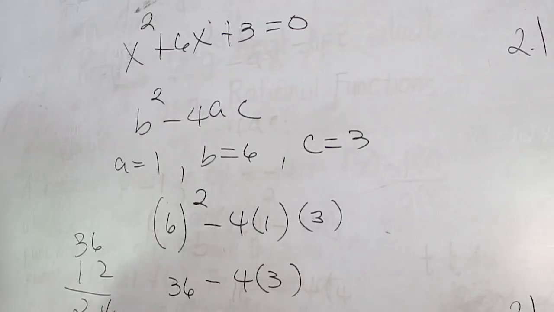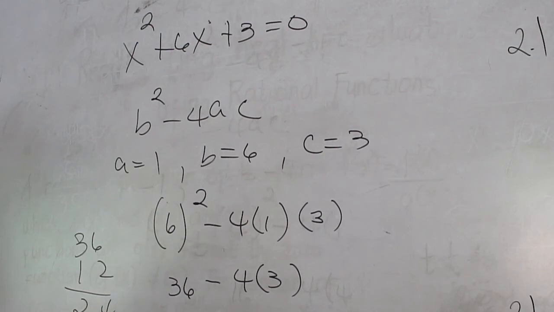Since the value of b squared minus 4ac is greater than 0 but not a perfect square, the roots of the quadratic equation x squared + 6x + 3 = 0 are irrational numbers and are not equal.